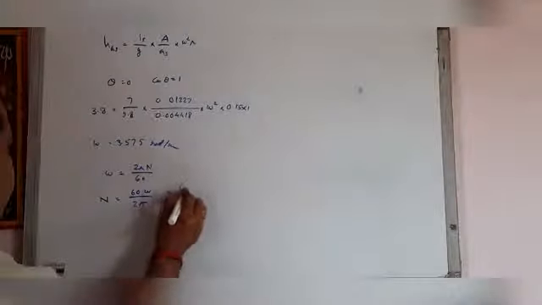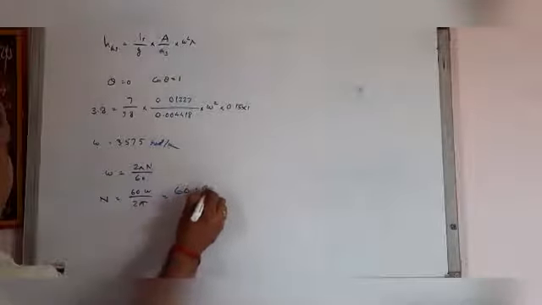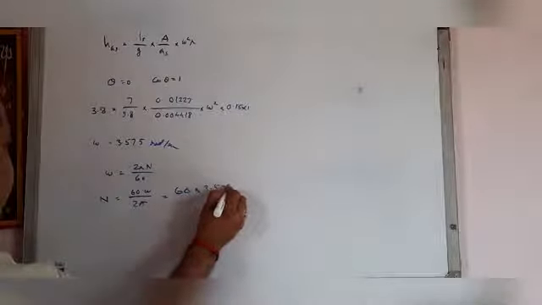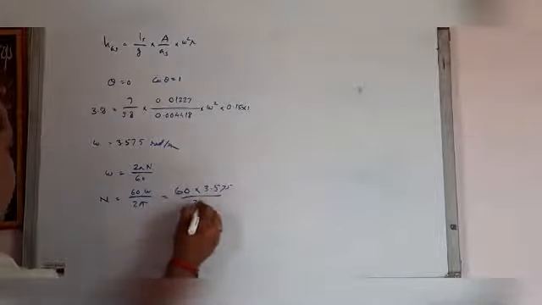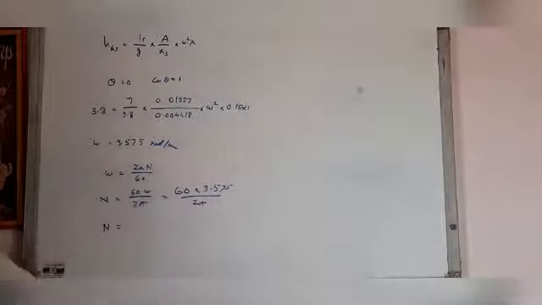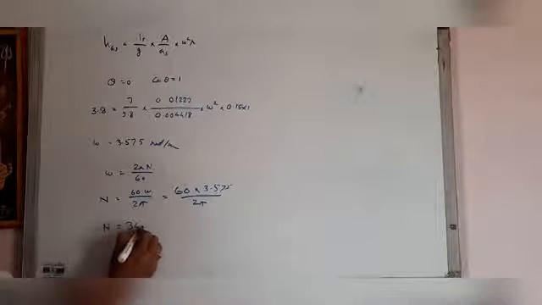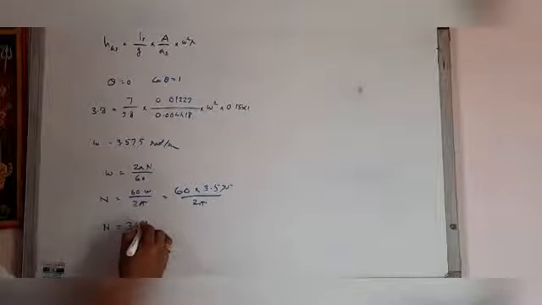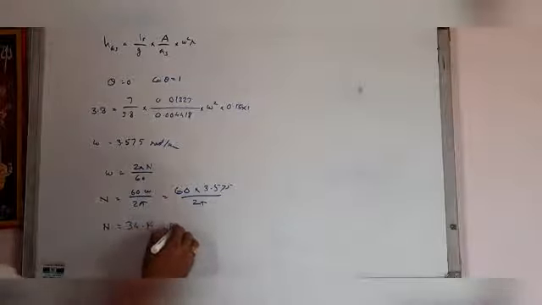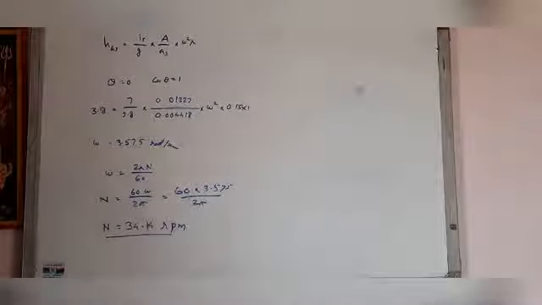Putting the values here, 60 into 3.575 by 2 pi, the value of N comes here as 34.14 RPM. This is the RPM of the pump, the maximum speed at which the pump can run without separation is 34.14 RPM.